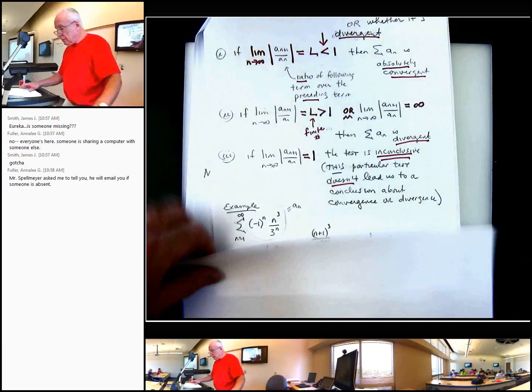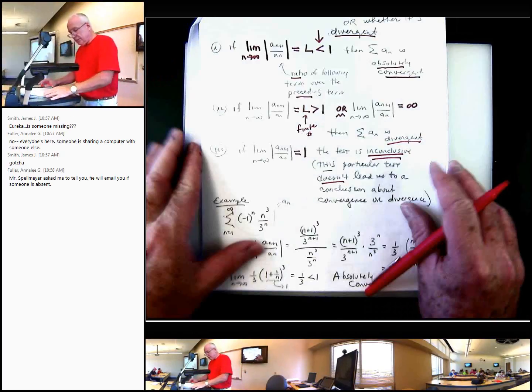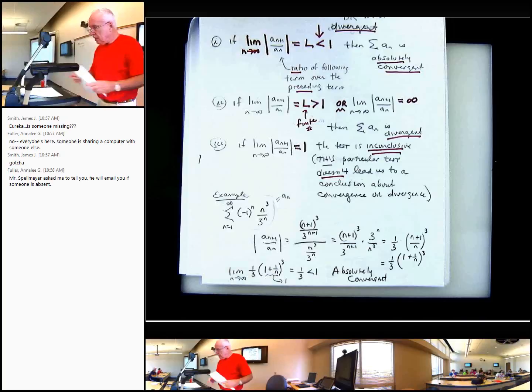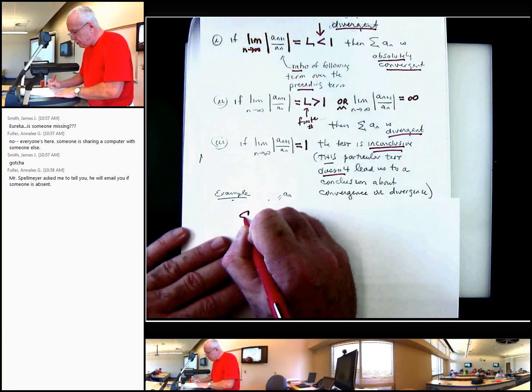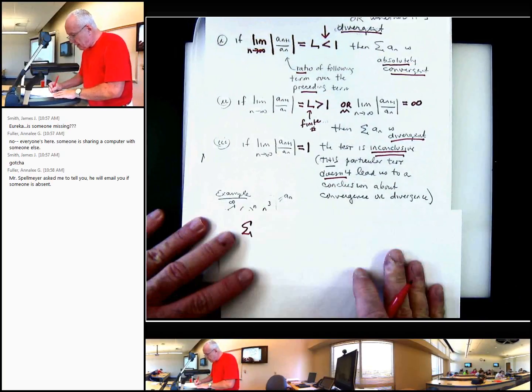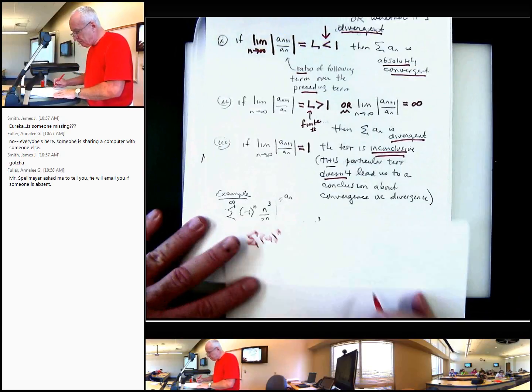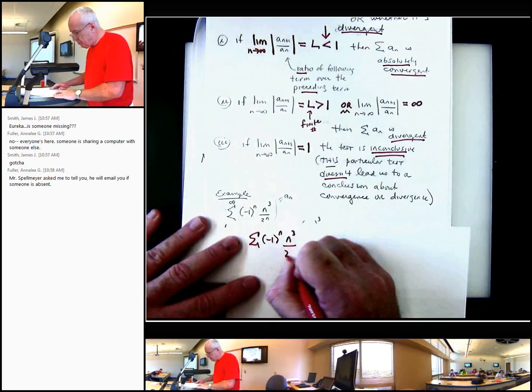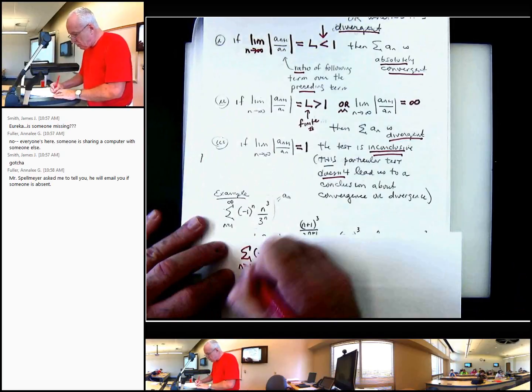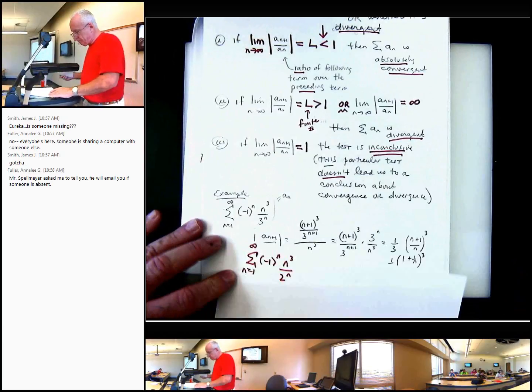Okay, so I want to look then at this example here. Let me write this here. Summation of (-1)^n n^3 over 2^n, as n equals 1 to infinity.